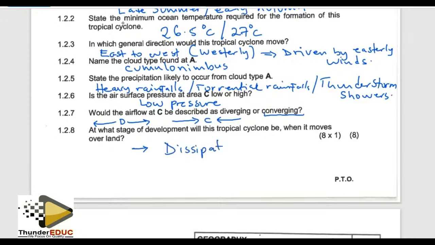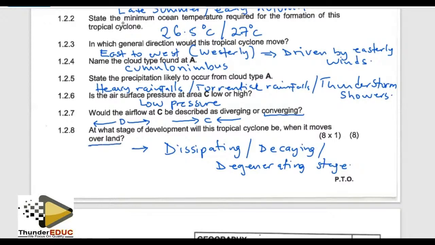You could say dissipating, or decaying, or degenerating stage. Whenever it reaches the land, there is friction. That means there will be less heat, less evaporation and condensation, which affects its strength, making it weaken, and eventually it will dissipate.